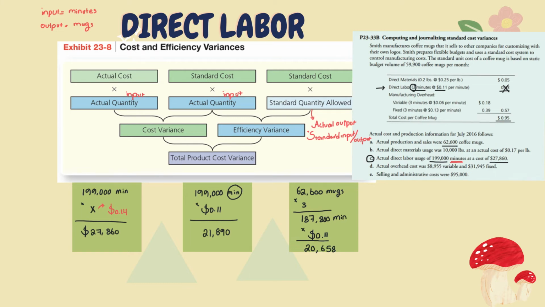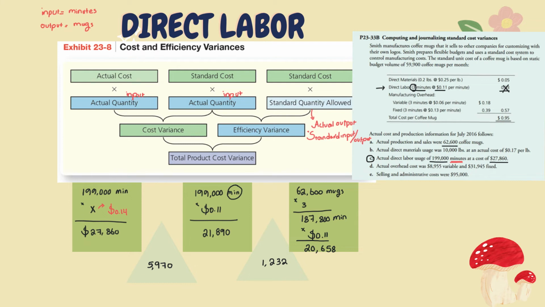Now the difference between 27,860 and 21,890 will be 5,970. The difference between 21,890 and 20,658 is gonna be 1,232.